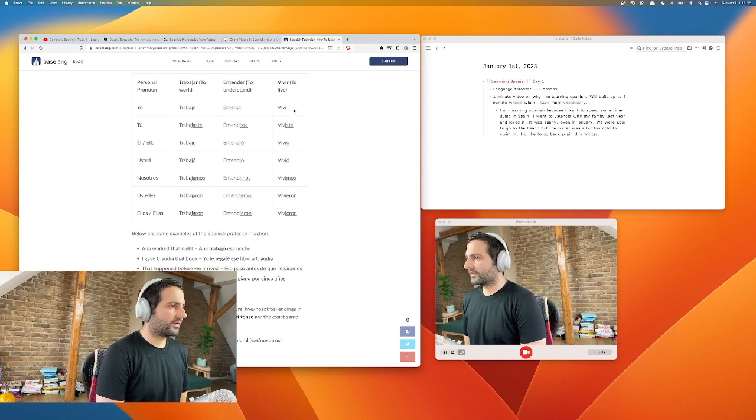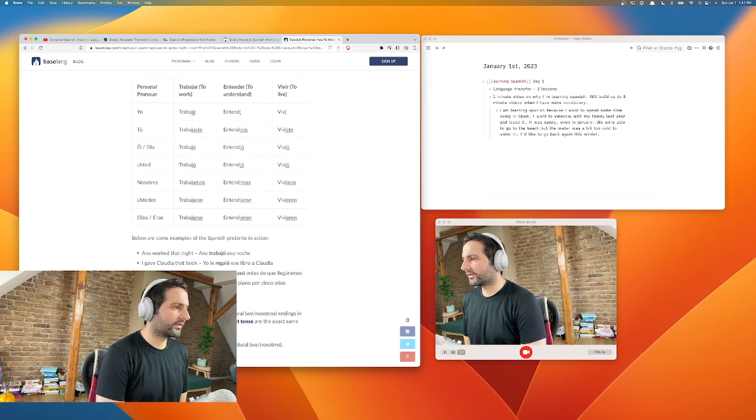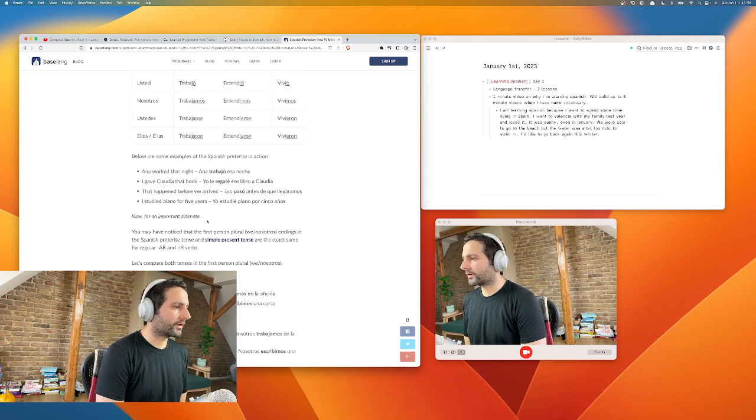So the conjugation for the past preterite seems pretty easy. The ER and IR verbs go iste, io, imos, ieron, and for AR, é, aste, ó, amos, aron. Okay.